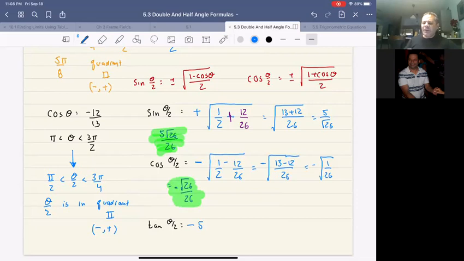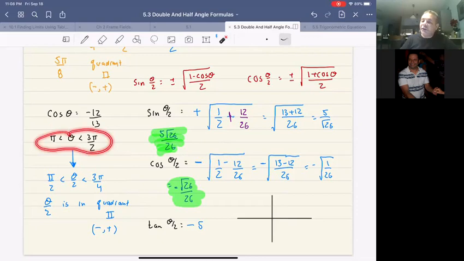Okay. Let me show you guys something. Let me draw a picture of what's going on here. So our angle has a cosine of -12/13. This is theta. Theta itself lives in the third quadrant. So let me draw theta, and that's going to be a big old cosine, like so.